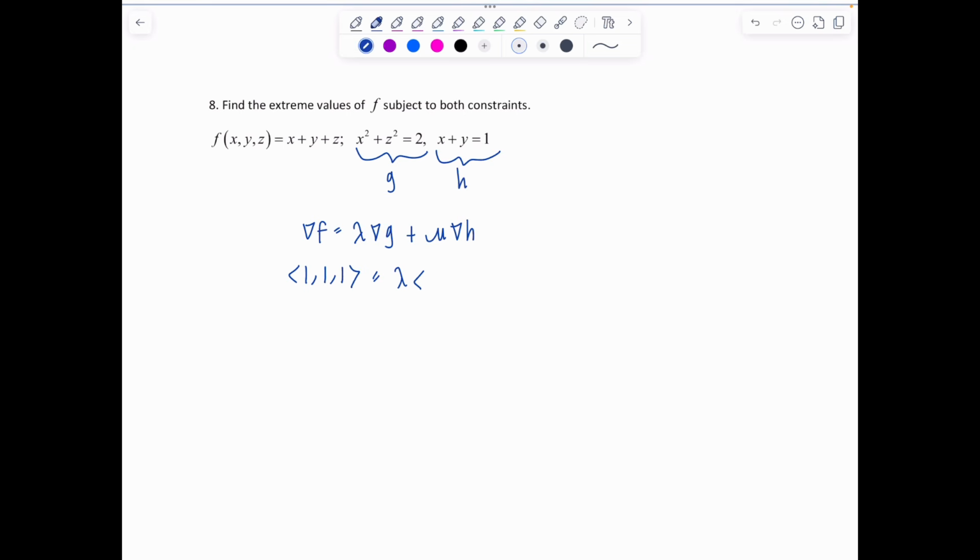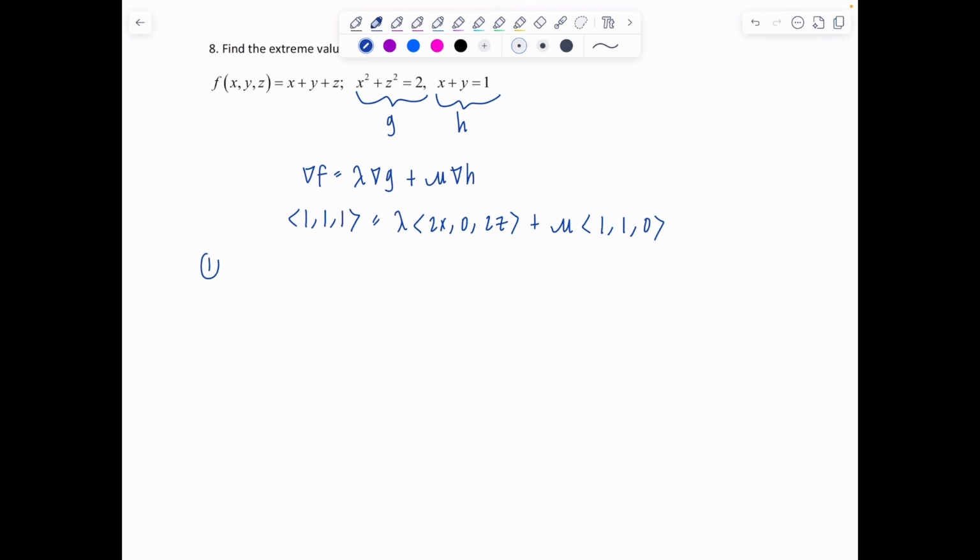Equals lambda times gradient of g is 2x, 0, 2z plus mu times 1, 1, 0. We have 5 unknowns, so we need 5 equations. Okay, first one is going to be coming from setting all of the first coefficients equal to each other. So we have 1 equals 2 lambda x plus mu.